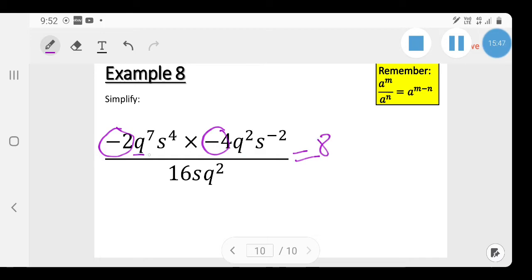Now I have a Q and an S and a Q and an S. So I'm going to set myself up with a Q and an S. 7 plus 2, the powers on the Q's, is 9.